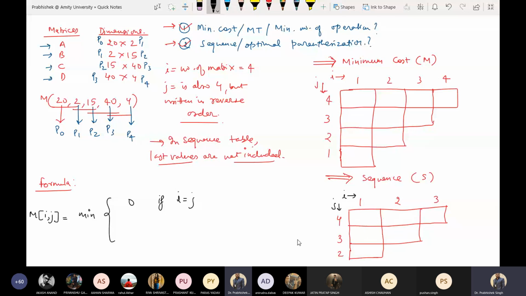So m i j is equal to 0 if i is equal to j. When i is equal to j, then m i j is equal to 0. So this is one thing.